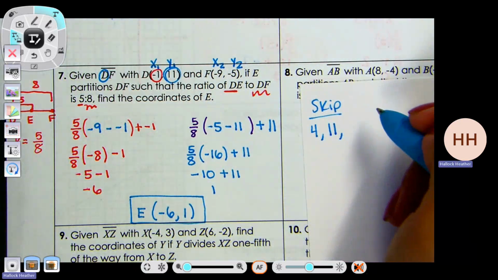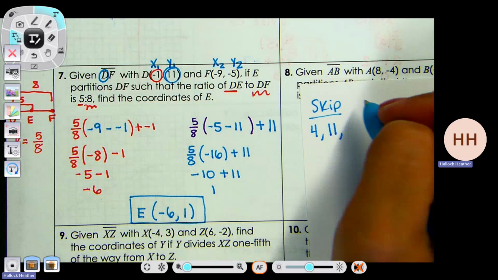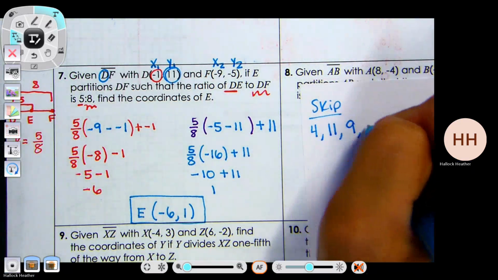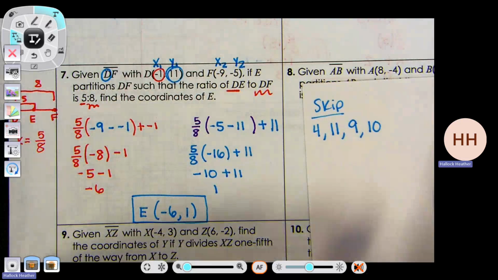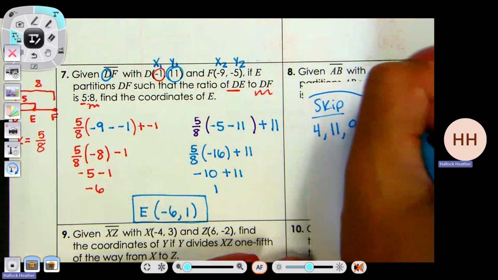You can skip 9 and 10. And I think that's it. Because I did 2 of them, and then you get to cross out 4. There's a total of 11 problems. I feel like that's fair. So you can skip these ones, cross them out. You don't have to do them.